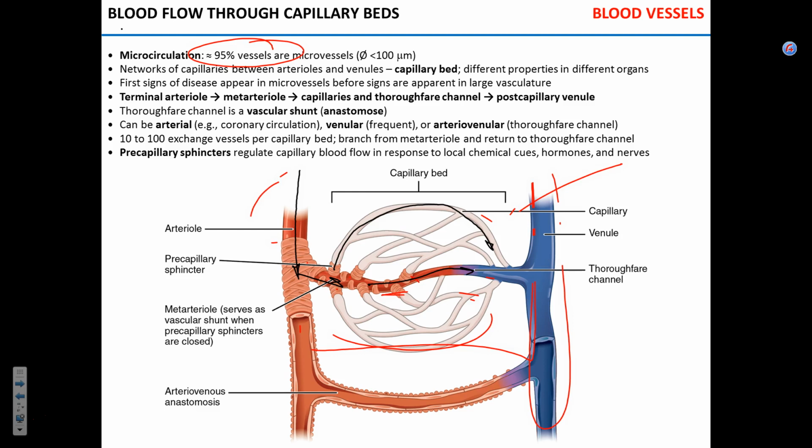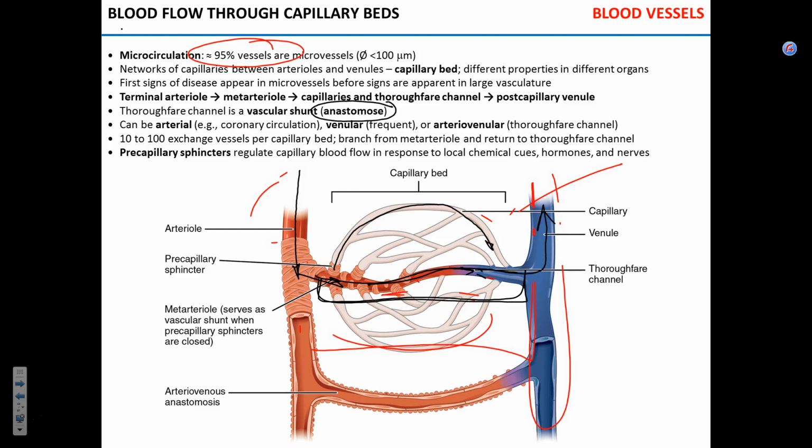From thoroughfare channel, blood enters the postcapillary vein. Okay? That makes sense? Metarteriole and thoroughfare channel form so-called vascular shunt or anastomosis.